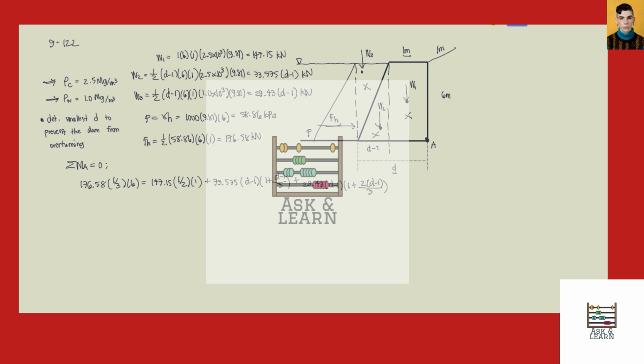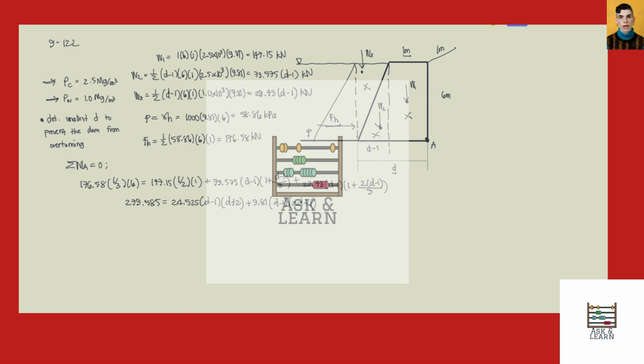So simplifying this, we would get 279.585 equals 24.525 times d minus 1 times d plus 2, plus 9.81 times d minus 1 times 2d plus 1.